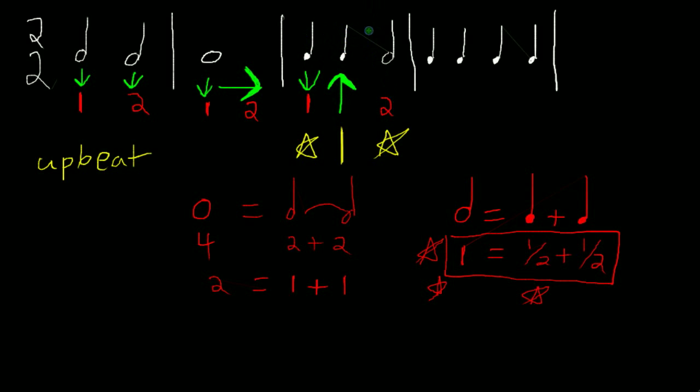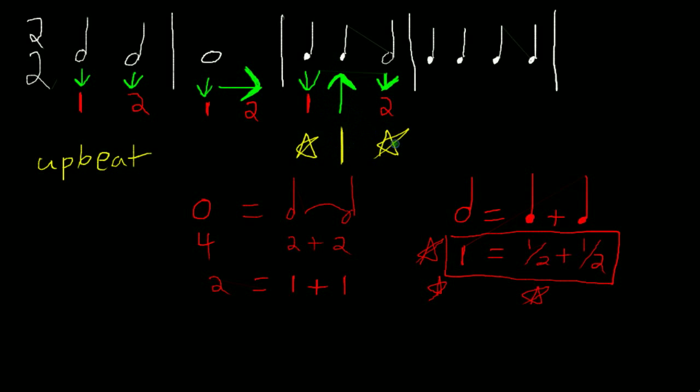Then in this measure we just have a downbeat on 2. That is what I want your arrow analysis to look like when we have these upbeats, when we articulate a note somewhere other than where a metronome clicks.